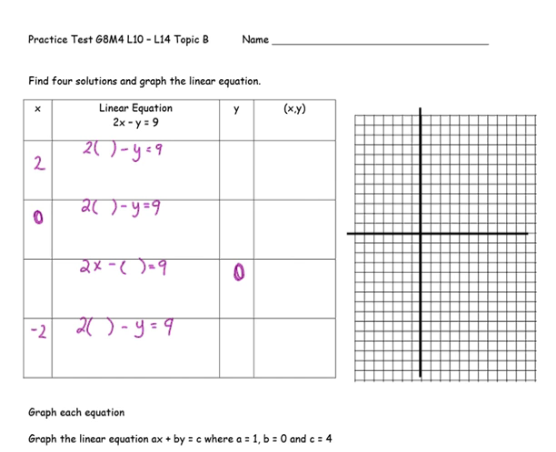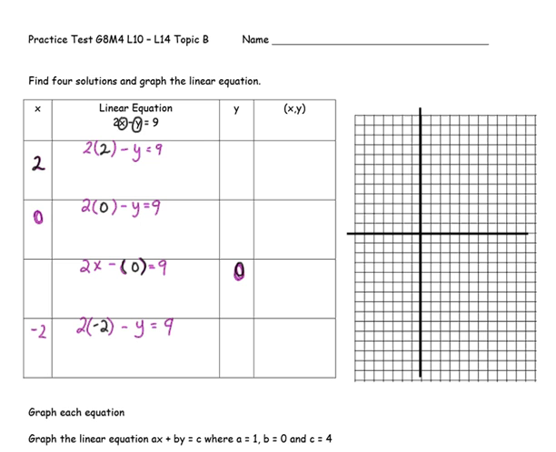Next, I'm going to substitute all of my values for x. So I'm going to be taking x out and putting the value of x in. And for this third line, I'm going to be taking the value of y out, and I'm going to be substituting the 0 in.